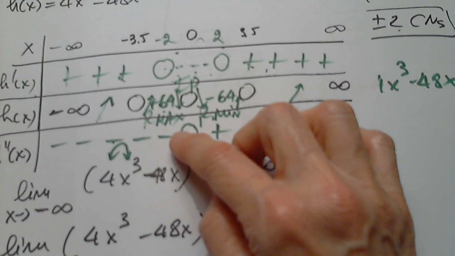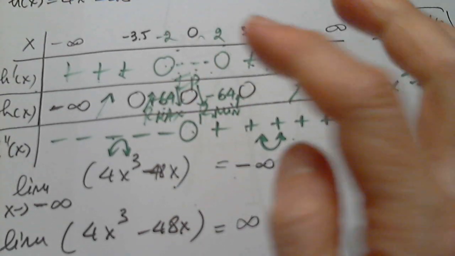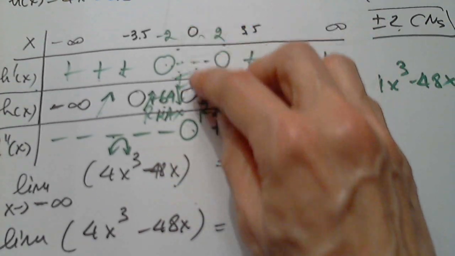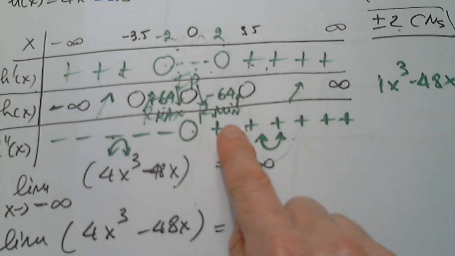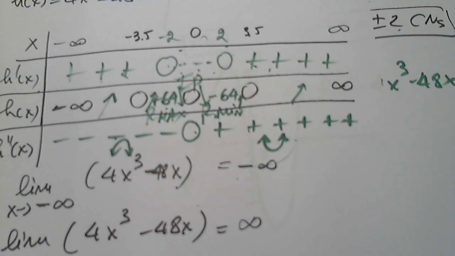The function has a relative max at negative 2, positive 64. It has an inflection point at 0, 0. And it has a relative minimum at 2, negative 64. Is this okay? Perfect.